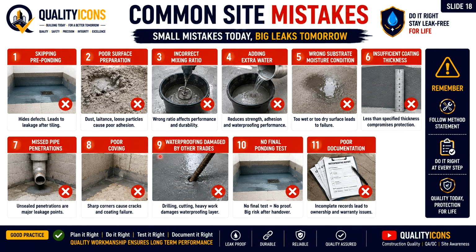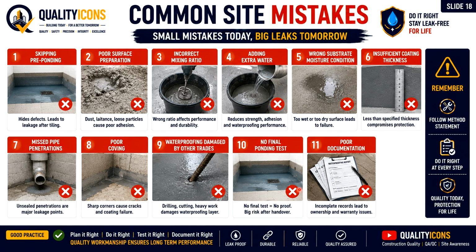This is a very big miscommunication between the other trades. Please ensure that before the waterproofing works, all trades or works are completed at this location, that means mechanical, electrical, plumbing, MEP related works.